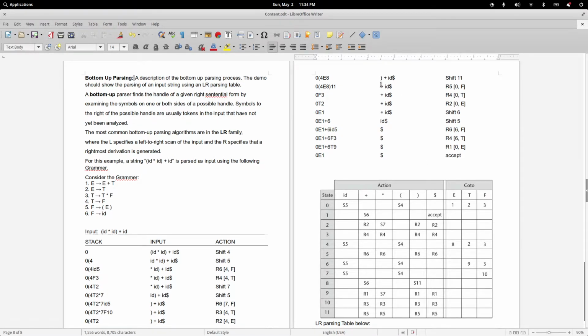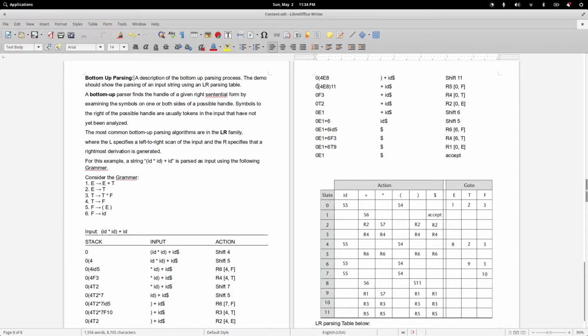So now we shift our closing parenthesis over, and we cap at 11, and now our positional marker is looking at 11 plus. 11 plus is R5, and rule 5 says that open parenthesis, E, closing parenthesis becomes F, and we do have that right here.